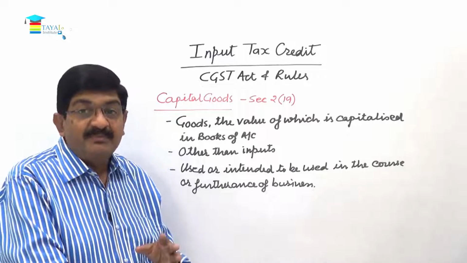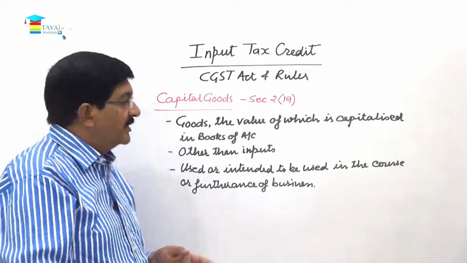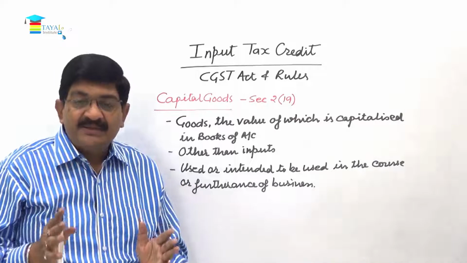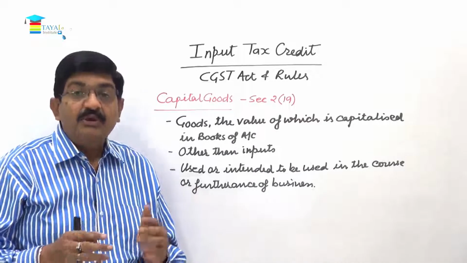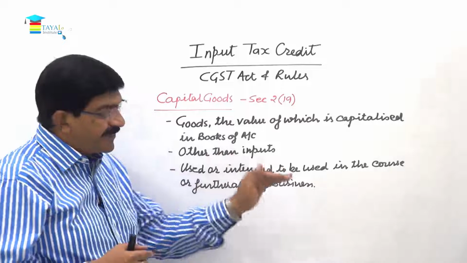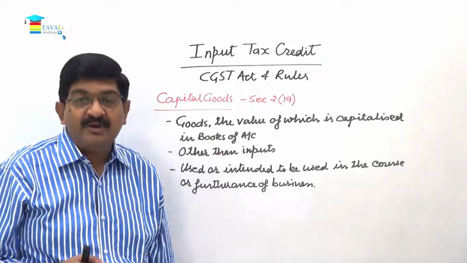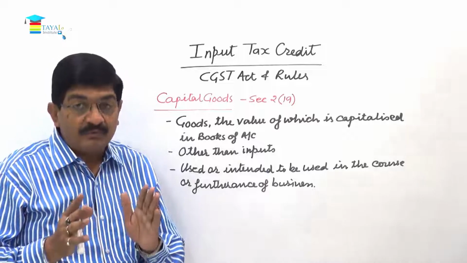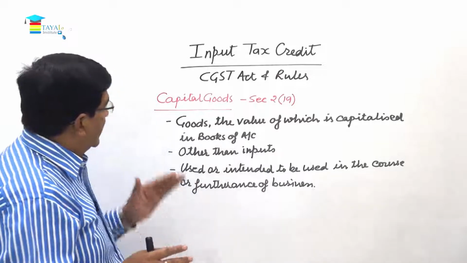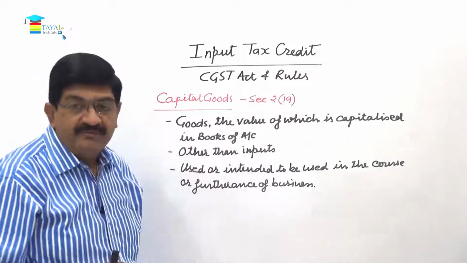Then the credit is available or not available. So even if we are capitalizing the cost of motor vehicle in the books of account and those are used in or furtherance of the business, still the credit may not be available if the conditions given in the section 17 are not fulfilled. Okay, so that is what is the meaning of capital goods.